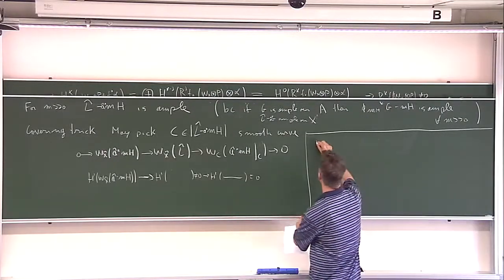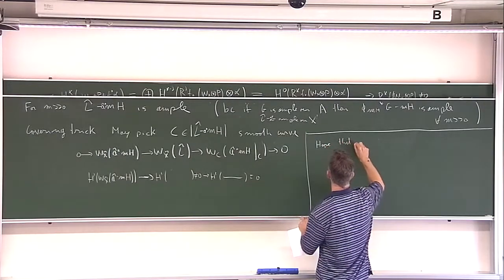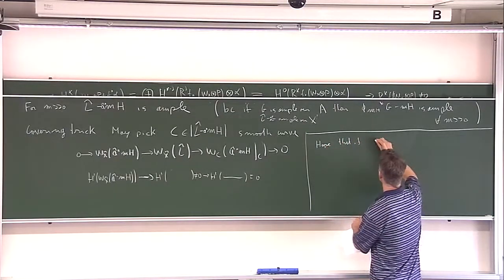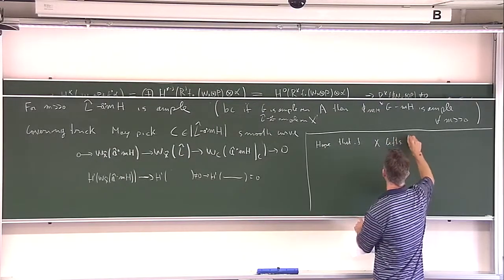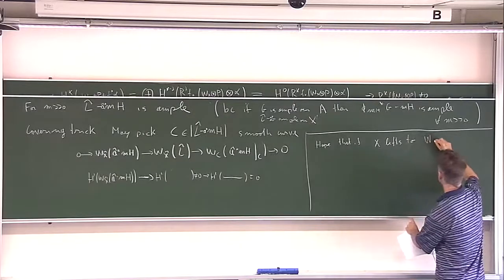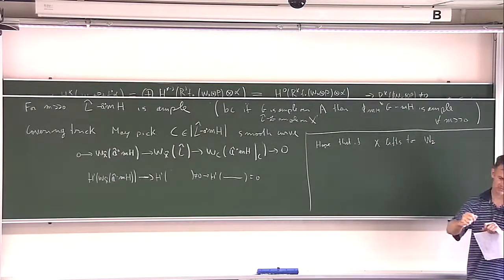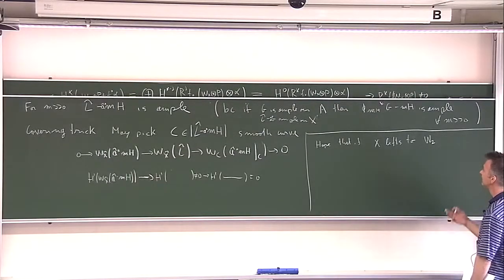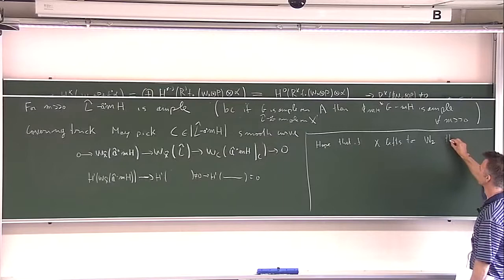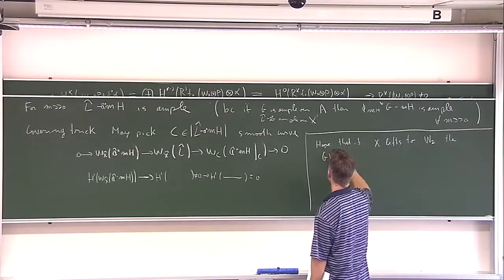So you could hope that if X lifts to W_2 Witt vectors, so if you have a sort of first order lifting of your characteristic p variety, then generic vanishing holds.